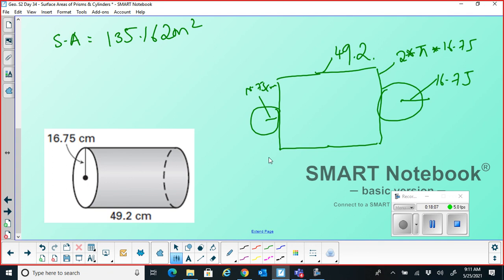Let's simplify this further. The surface area of the cylinder is nothing but twice the area of circle plus area of rectangle. There are easier formulas which we will see soon, but as of now we are using these nets.